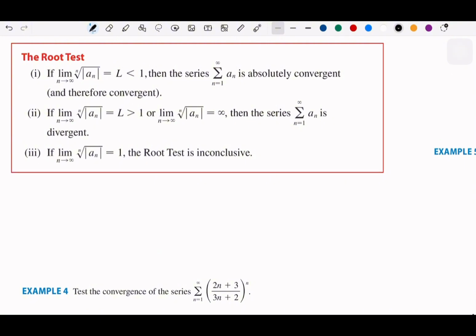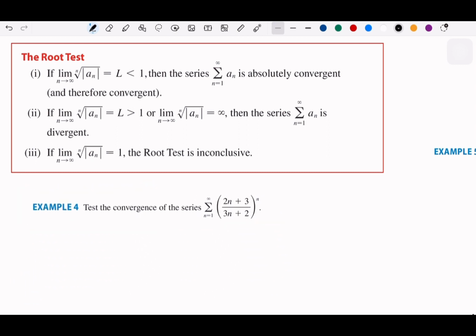So whenever you see that, you can directly use the root test, find its limit, and then we have three statements: convergent, divergent, or inconclusive. Now we could start with this example 4, and obviously you can see that the an has the power of n, which we can take the root for power of n, and then we can take the limit and conclude the final result.